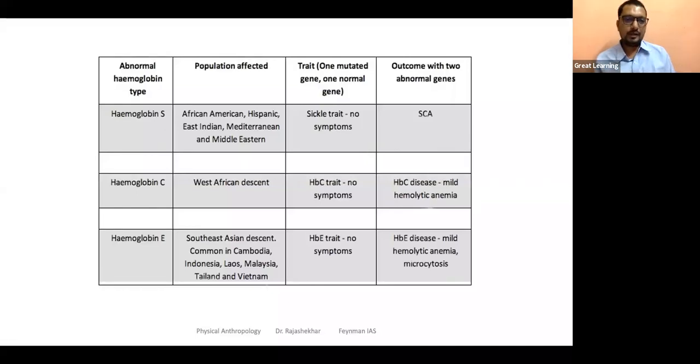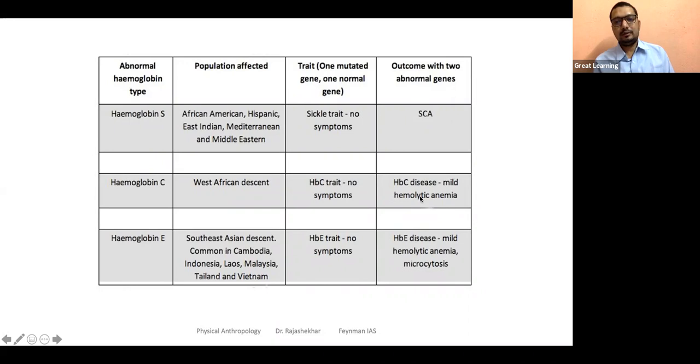Many populations, including Africans, East Indians, Middle Easterners. I was telling you, wherever malaria incidence is high, hemoglobin S is most commonly seen. This is the sickle cell anemia condition. And there's also another type called hemoglobin C, which is commonly seen in West Africa.